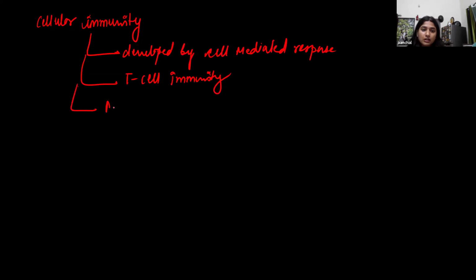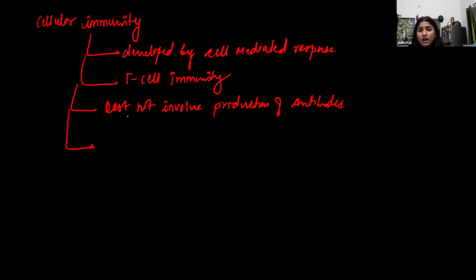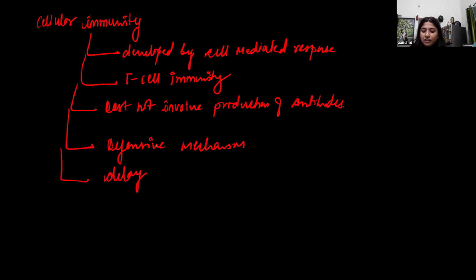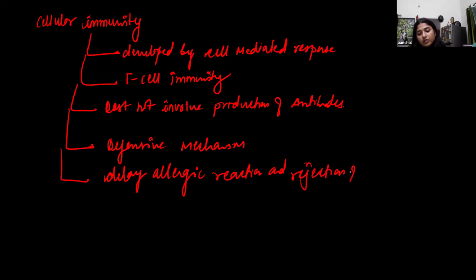Basically, cellular immunity is known for providing the major defense mechanism against pathogens like viruses and bacteria. It is responsible for the defense mechanism inside the body, and also for the delayed allergic reaction and for the rejection of transplanted tissues.